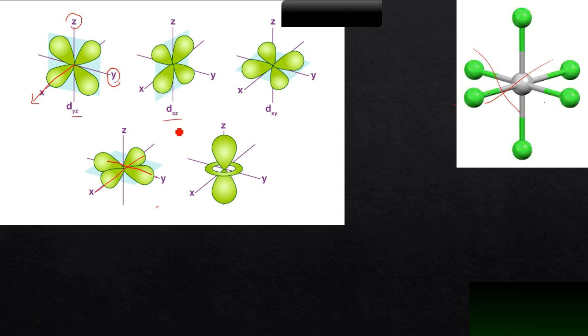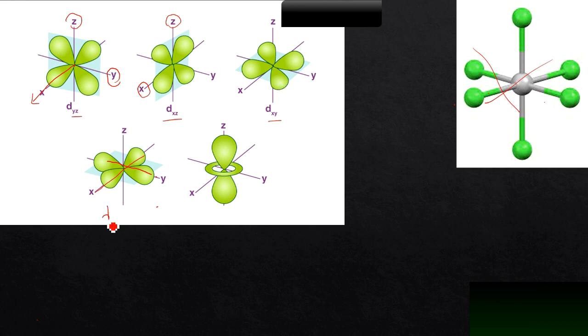Same for the dxz orbital: it is in the x and z plane, in between the x and z axes. Same for the dxy orbital, it's on the xy plane and between the x and y axes.